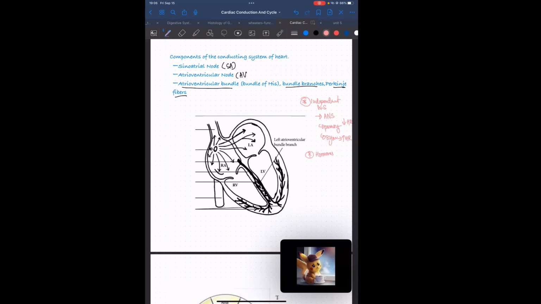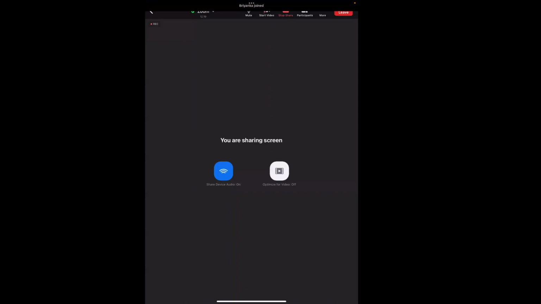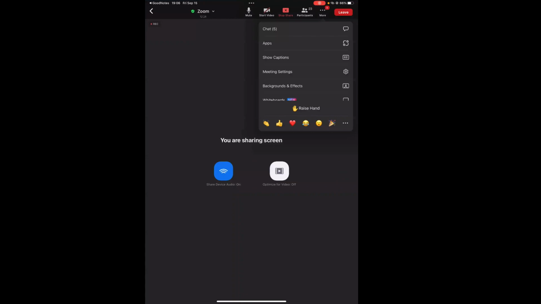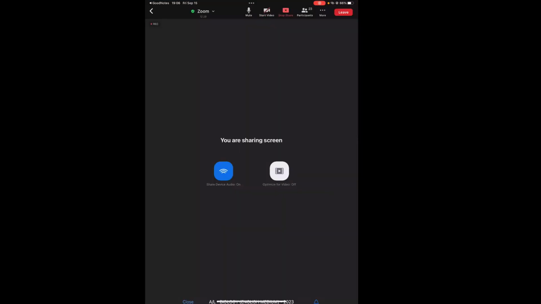Starting with the SA node, here, this is called the pacemaker of the heart. What do you think is a pacemaker? Since we have only a small number of students, I think they'll be happy to receive answers. So what's a pacemaker?